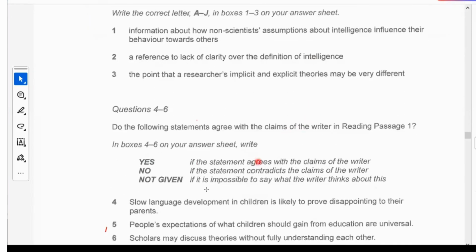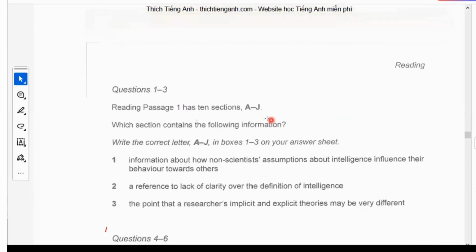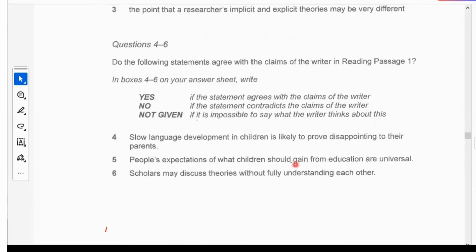So you see people now, people, expectation, okay? People have expectations for intellectual performances that differ for children of different ages. Can you see that? So this sentence is sounding like this statement.